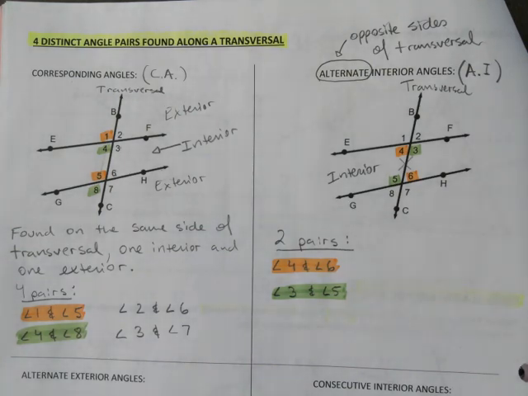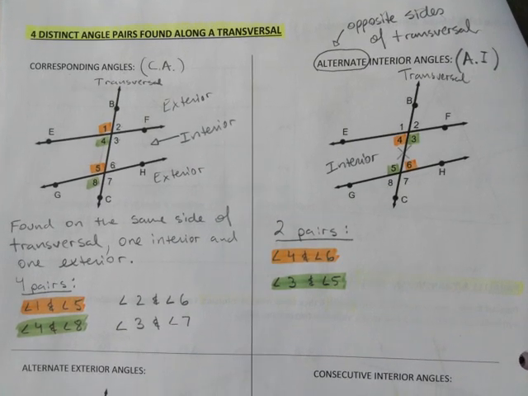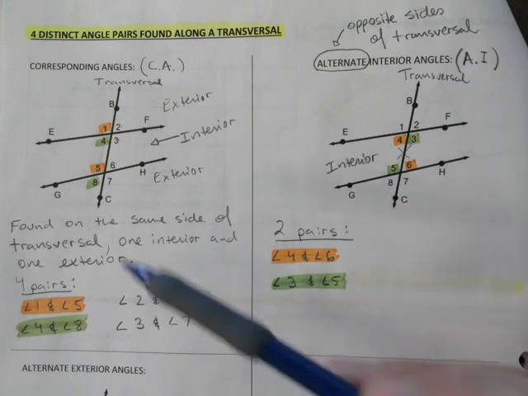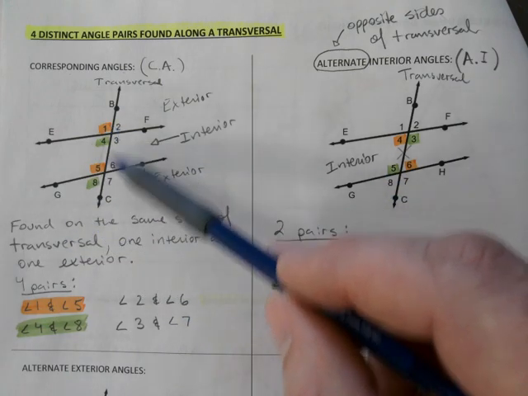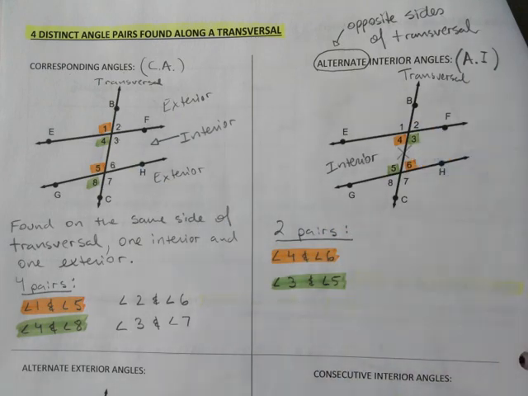Okay. Some students just make this, copy this, and then they just write corresponding. They just have one example of corresponding, one example of alternate interior, and so forth, and then they just know the rest of the pattern. Okay.